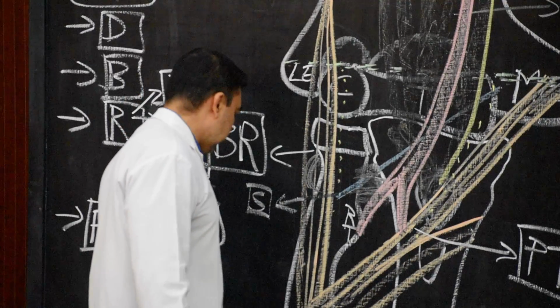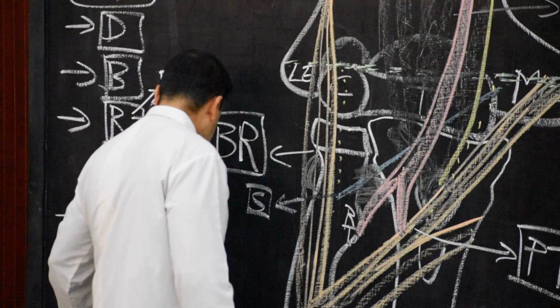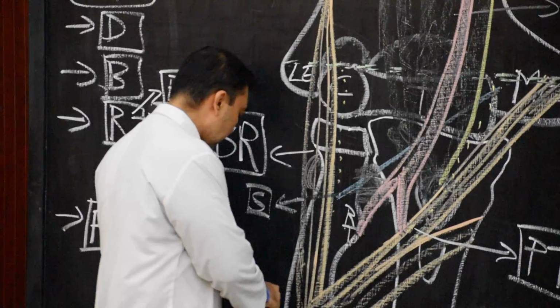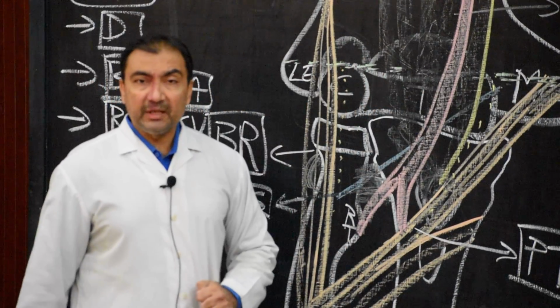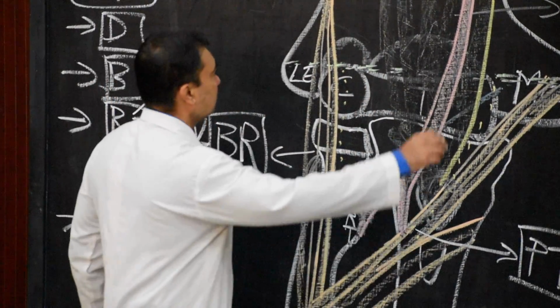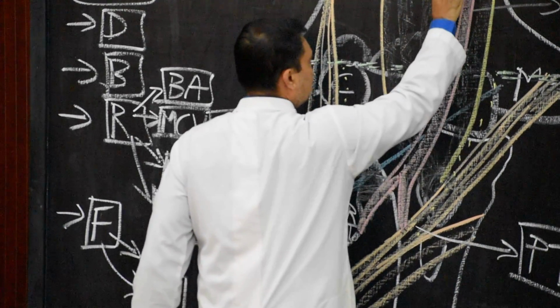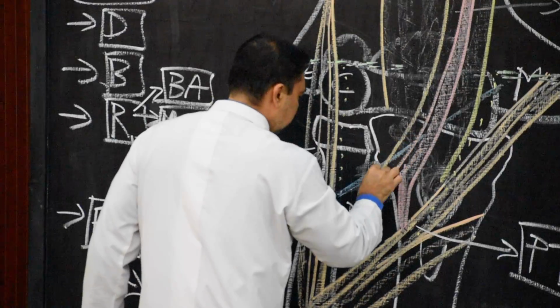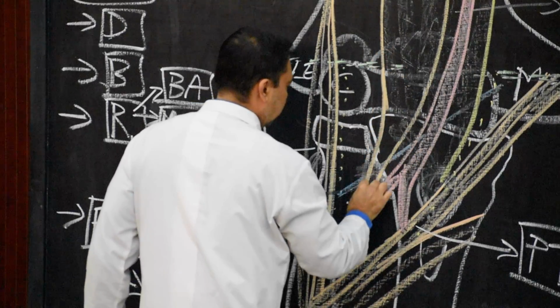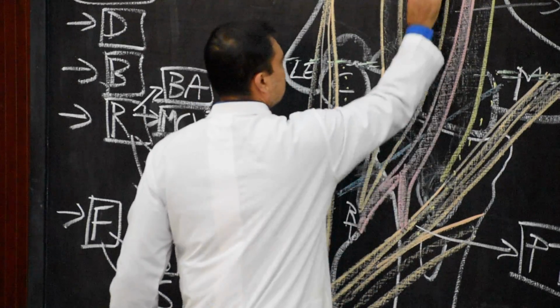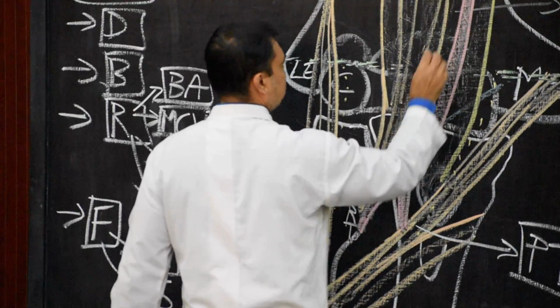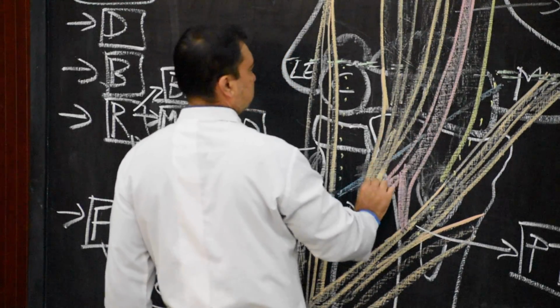The third content, just lateral to the brachial artery, is the tendon of biceps. I am going to draw the tendon of biceps on this side, and this tendon is inserted in the radial tuberosity. So this is the tendon of biceps.